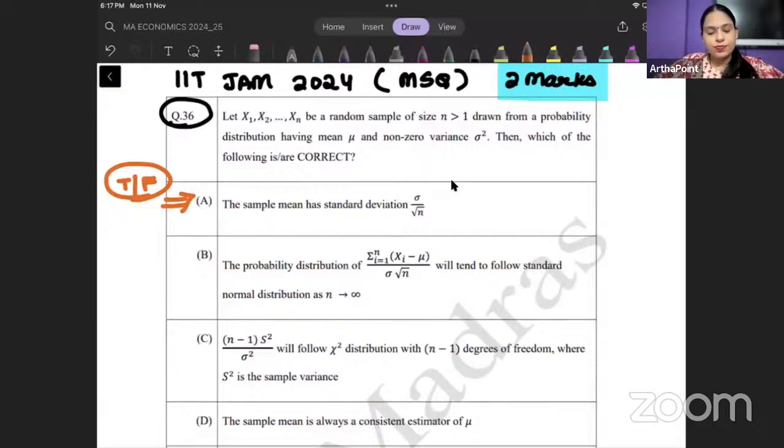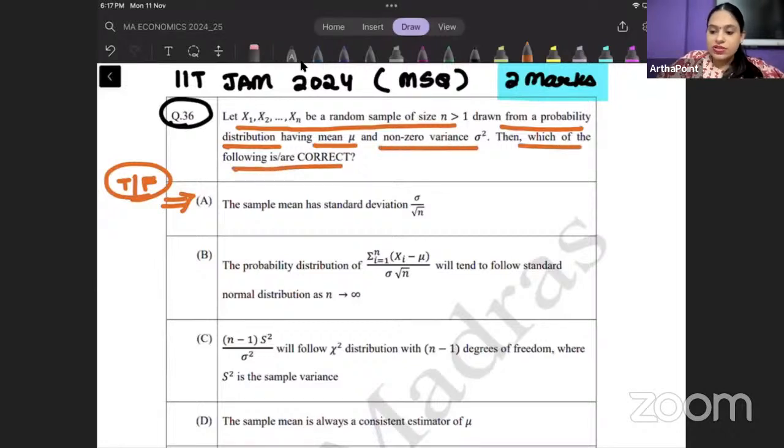Okay, true, true. ठीक है. So read the statement, beta. X1, X2, Xn be the random sample drawn from a probability distribution having mean mu and non-zero variance sigma square. Which of the following statements is correct? The sample mean has standard deviation of sigma by root n.